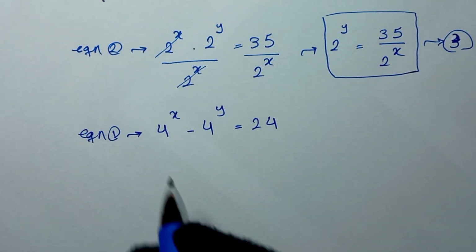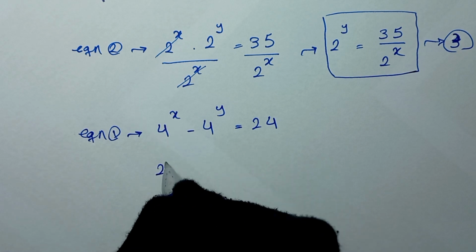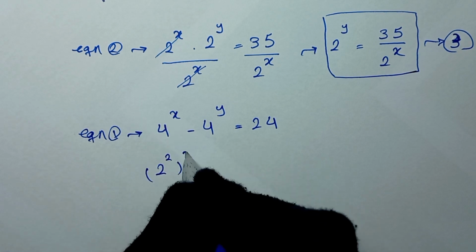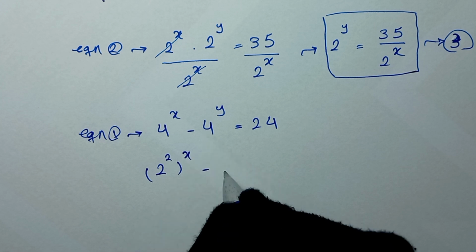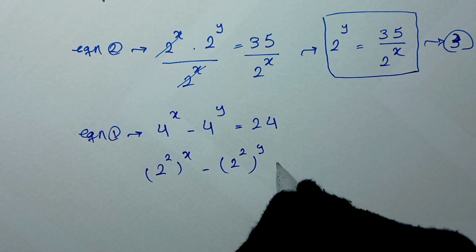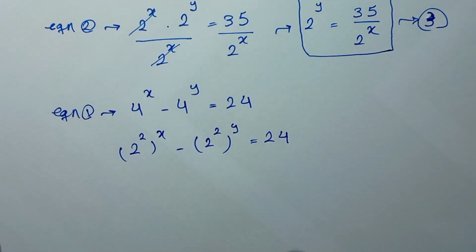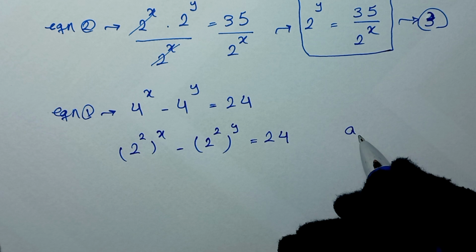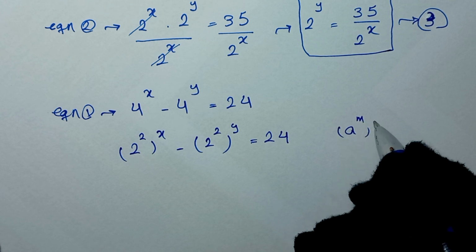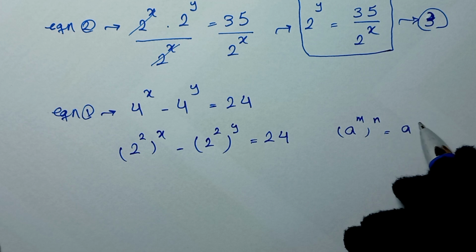And here we can write this 4 to the power of x as 2 to the power of 2 and to the power of x, and minus this 4 as 2 to the power of 2 and to the power of y is equal to 24. And from exponential rule, if we have a to the power of m to the power of n, we can write this as a to the power of n to the power of m.